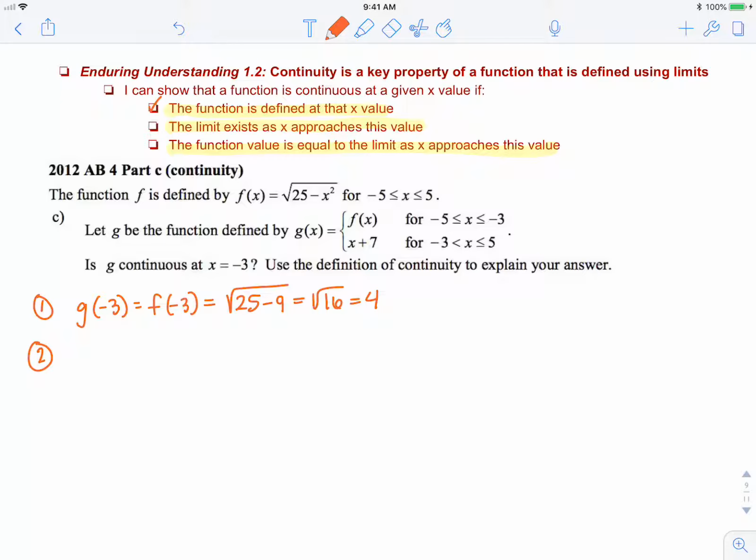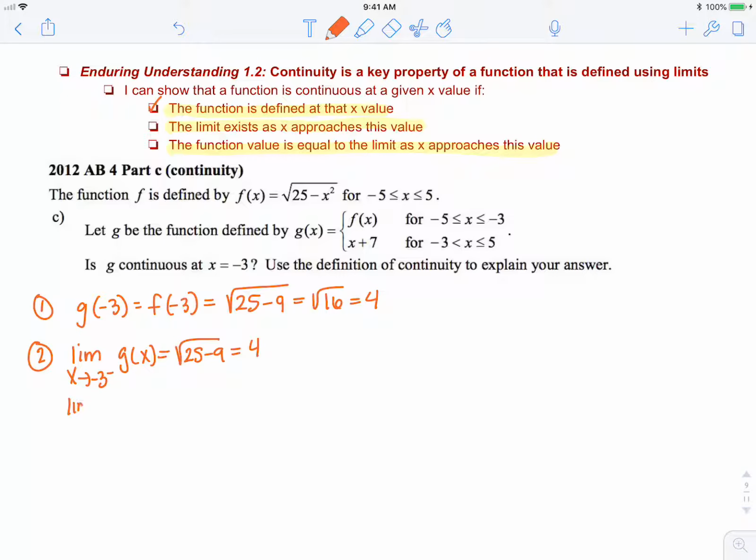Step 2, we need to check that the limit exists. So the limit as x approaches negative 3 from the left of g of x is going to be square root of 25 minus 9, which is 4.